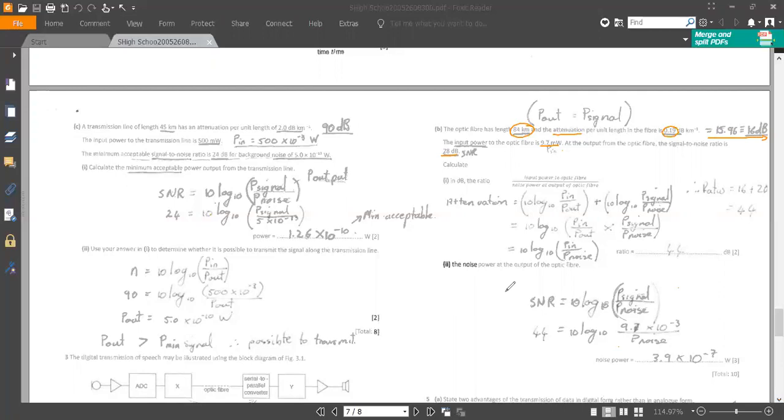This means you're working with two equations. So this is a bit of an explanation of how you get to the answer. You won't find that in a memo or anything else, so have a look. The normal attenuation, at the transmitter over the receiver, is 10 log10 of P in over P out.